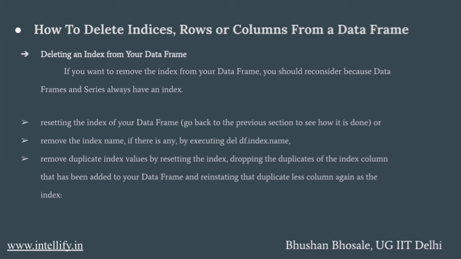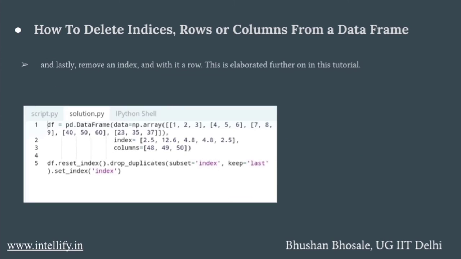Alright, now remove duplicate index values by resetting the index, dropping the duplicates of the index column that has been added to your data frame, and reinstating the duplicate-less column again as the index. And lastly, remove an index with its row. This is elaborated further in this tutorial.